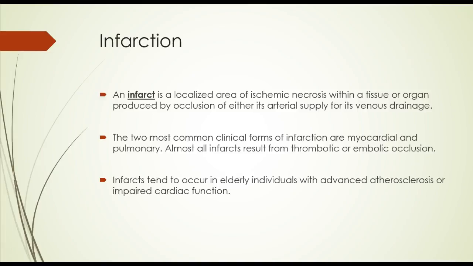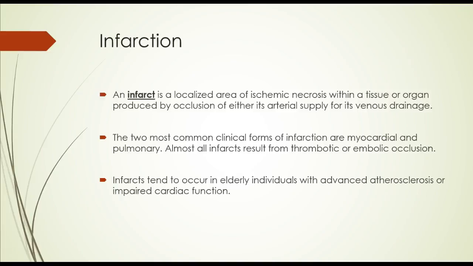All right, let me stop right there because I've mentioned thrombotic and embolic occlusion more than once now. So, a thrombotic occlusion is from a blood clot within the vein. Embolic occlusion could be just about anything floating through the bloodstream that ends up in a vessel too small to handle that floating debris.